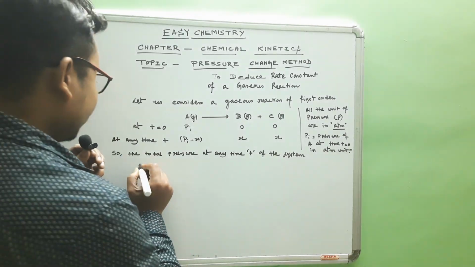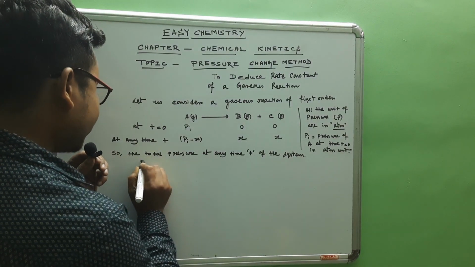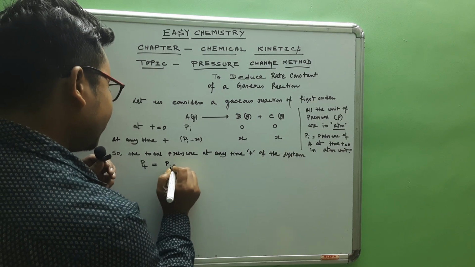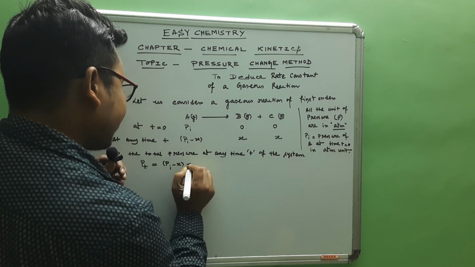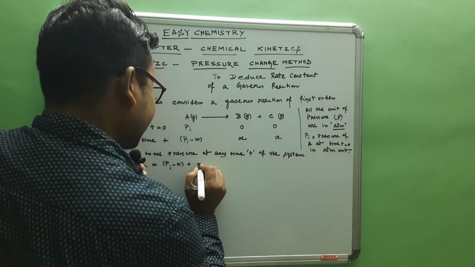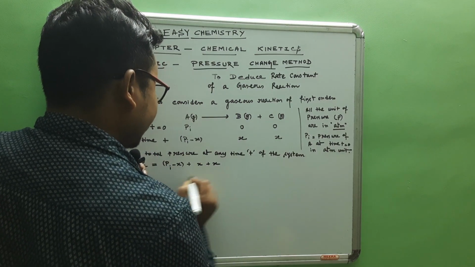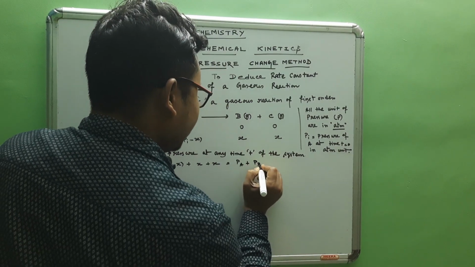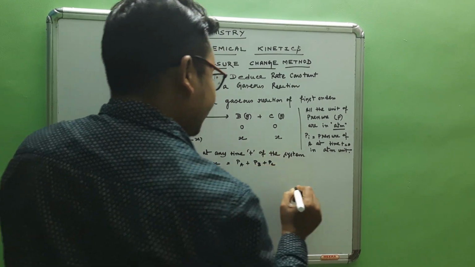So the total pressure of the system, what is PT? PT will be Pi minus x plus x plus x.